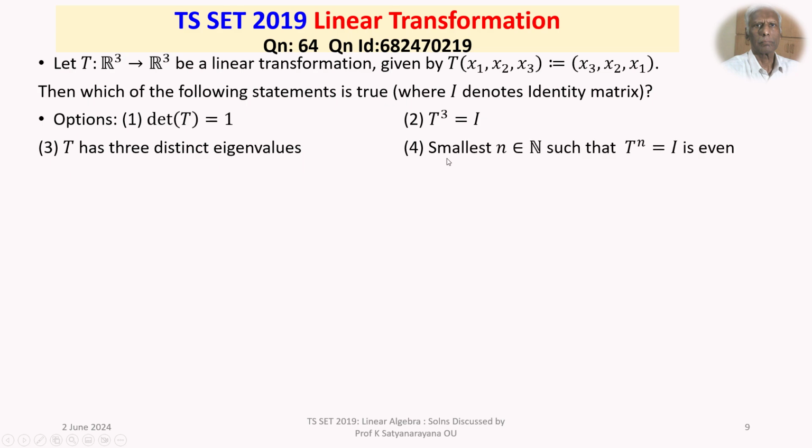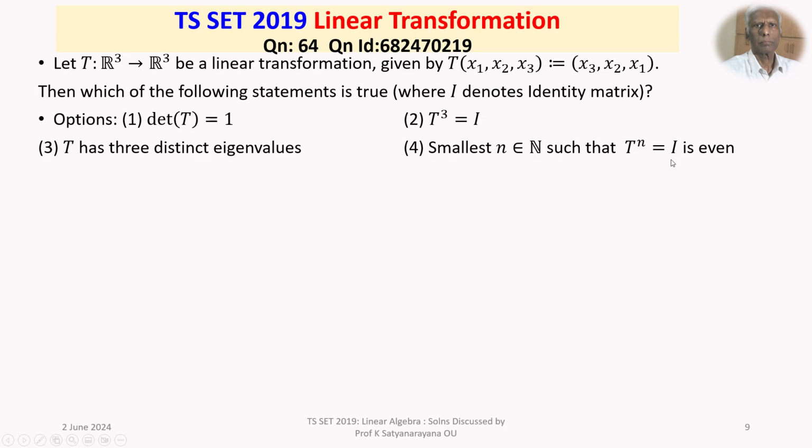Option 4, the smallest n belonging to the set of natural numbers such that T power n is I. That means the smallest n for which T power n is I is the least natural number. What is the least natural number which is even? The least natural number which is even is 2. That means T square is equal to identity.